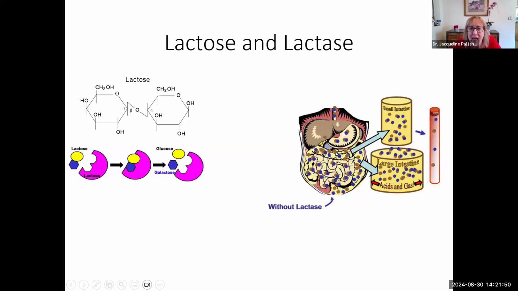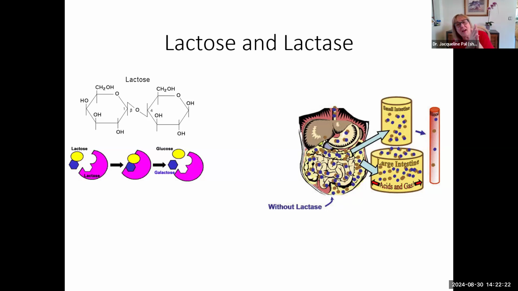And when that lactose, the sugar, reaches the part of your large intestine that has bacteria in it, because your large intestine is loaded with bacteria, that bacteria thinks it's at a buffet in Las Vegas and starts munching on that sugar, and it's in seventh heaven, and it starts breaking those bonds and releasing the glucose and galactose.